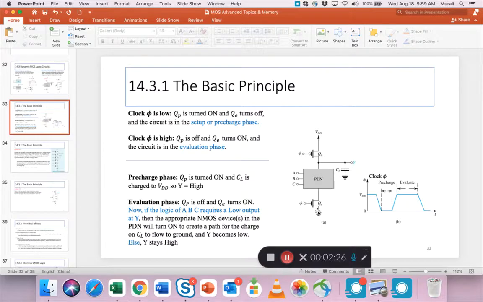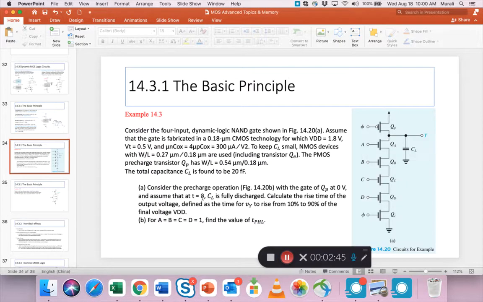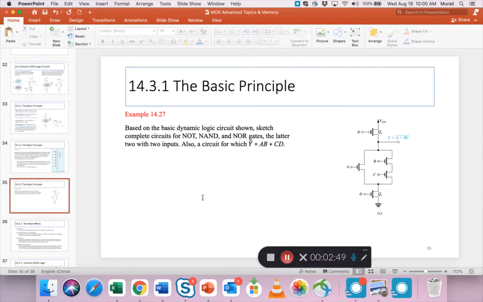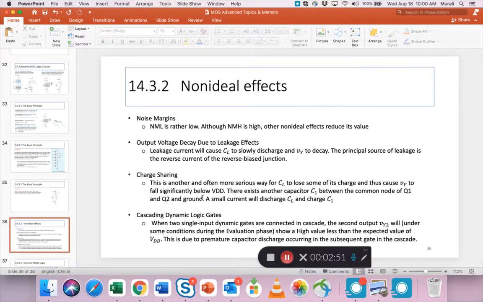This turns on because phi is high. That's why Qn, which is an NMOS, turns on, and the charge here is drained so that Y becomes low. So that's the logic, and we have some examples that we'll come back and do later.